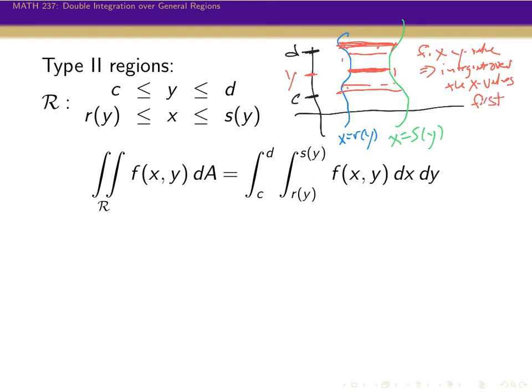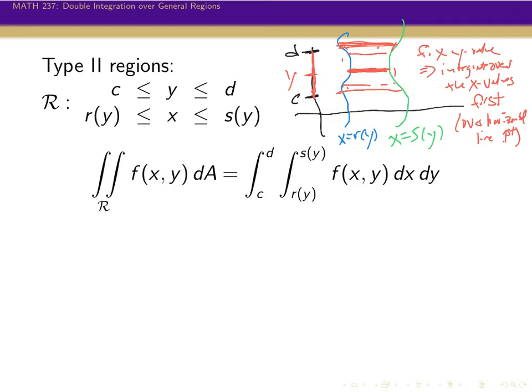And so you can imagine that for some fixed y value, we're integrating over all the x values, so we're integrating this time over the horizontal line first. And then once we've done that for every y, then we just add those up for all the y values. And so lastly, then we're adding up all the y values, so then we're just going from c to d.